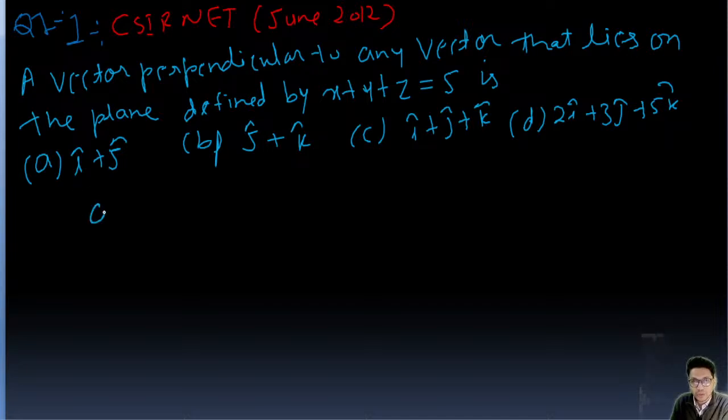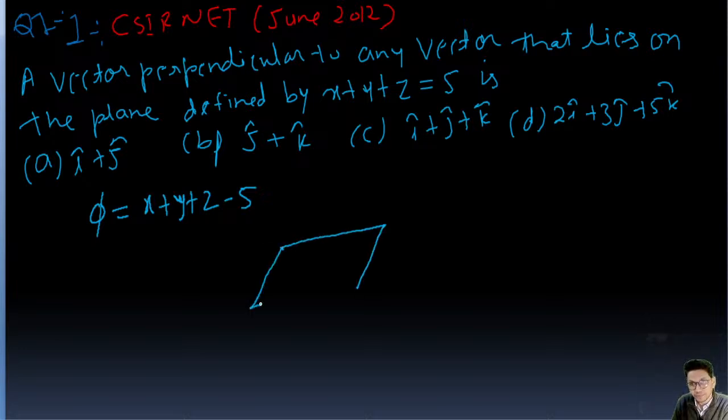So phi is given, that is x plus y plus z minus 5. So this is the equation of the plane. This is a plane, and we have to find the perpendicular vector, and that is gradient of phi.